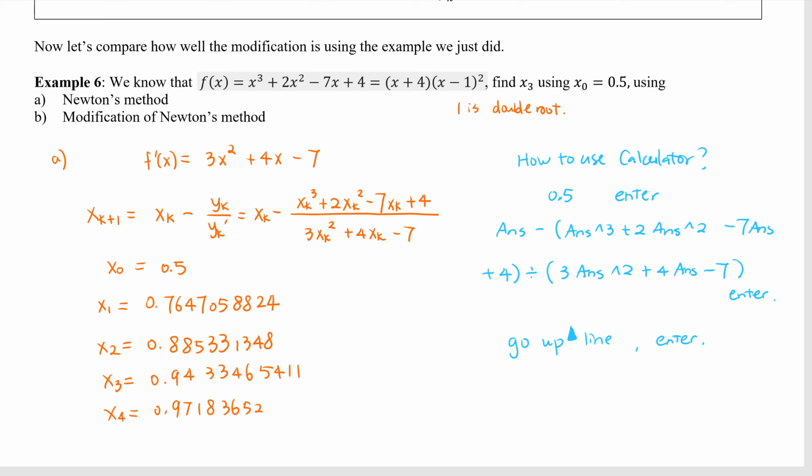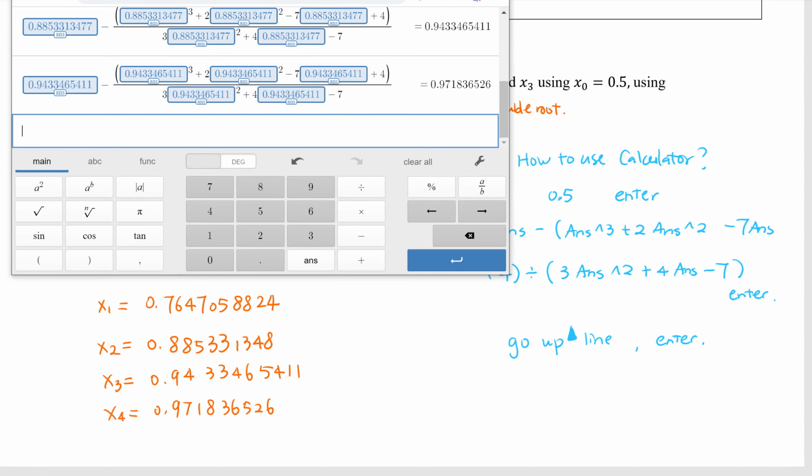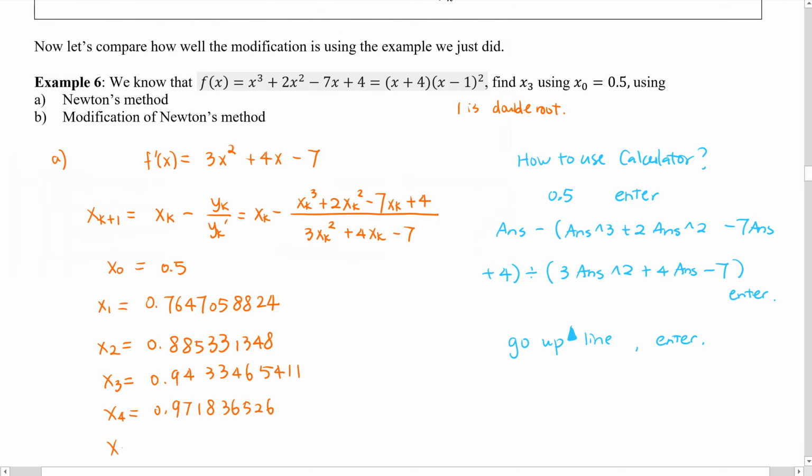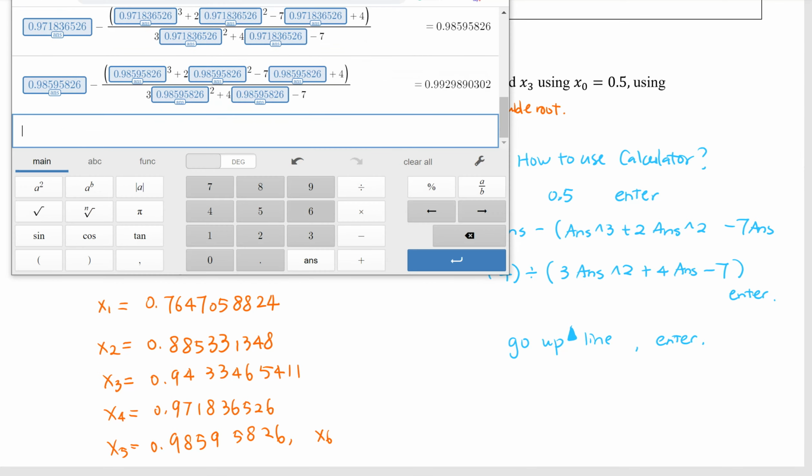Usually if it converges, you will see when you type it again, the number is going to be the same thing. It will stabilize. See, now this is x5, 0.985955826. And let's continue. 0.99298900302.